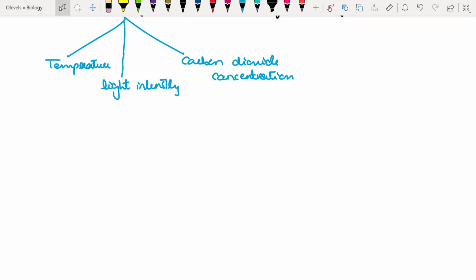Okay. Now, Laiba, could you tell me why water is not a limiting factor over here?